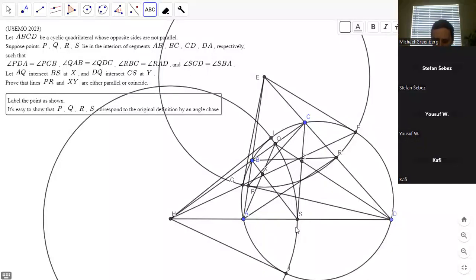So we have angle QSX is angle QSH minus, yeah, I think I should write out something for that. So that's QSH minus BSH, which is HQS minus BSH.